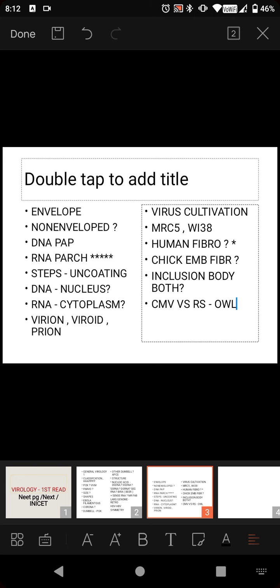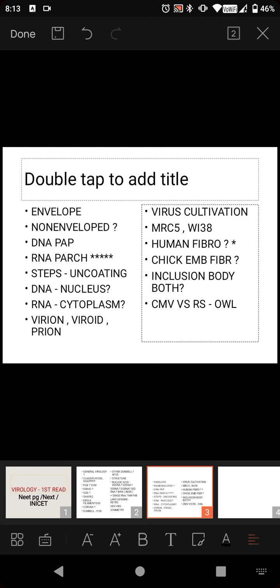Also, Reed-Sternberg relates to pathology, so pink, whereas cytomegalovirus is not pink, it is blue. That is the difference. When present in both cytoplasm and nucleus, it is cytomegalovirus. When present only in the nucleus, it is Reed-Sternberg cells.